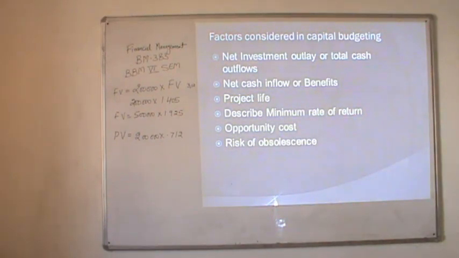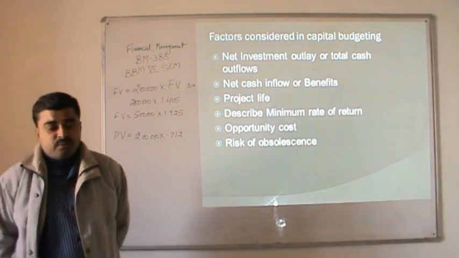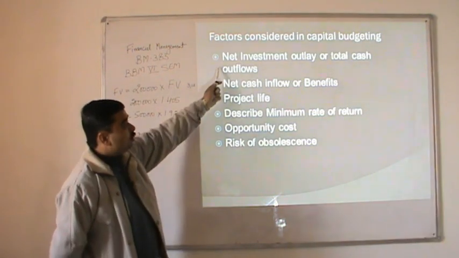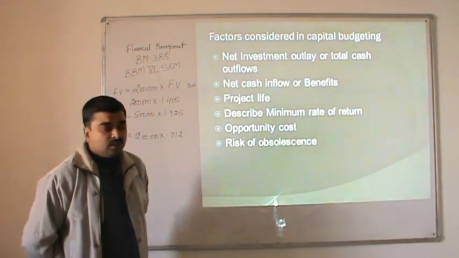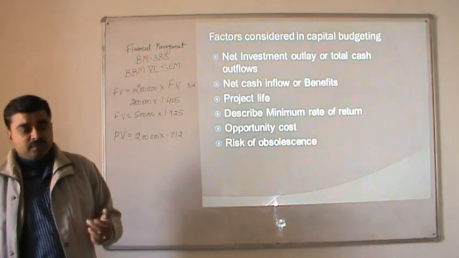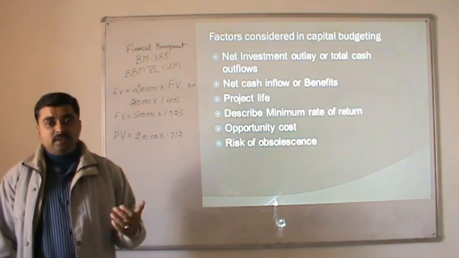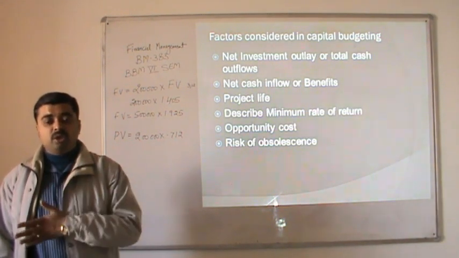Now another important thing is the factors which are considered for a capital budgeting decision. The factors include the investment or outlay. As in every project, we first identify the amount of investment and what the cash inflow will be, the cash which comes in. We will have to invest the whole money today and we will be getting the money back in various installments.